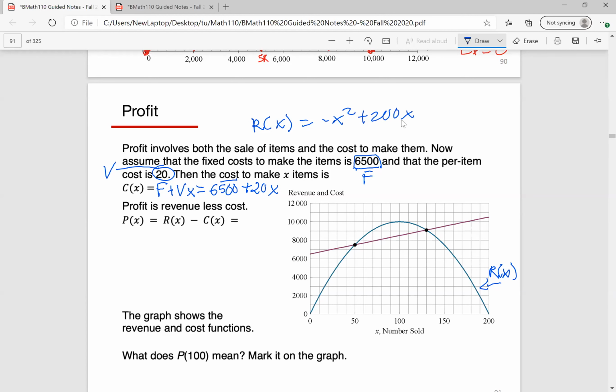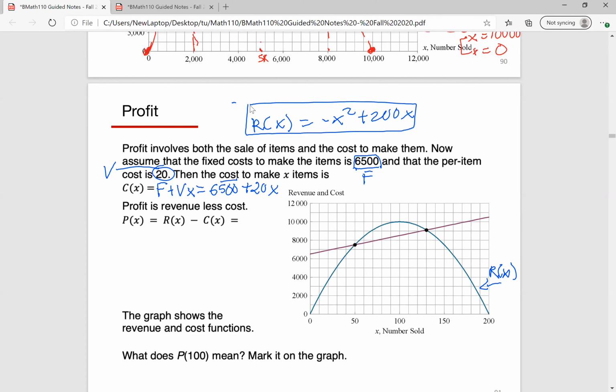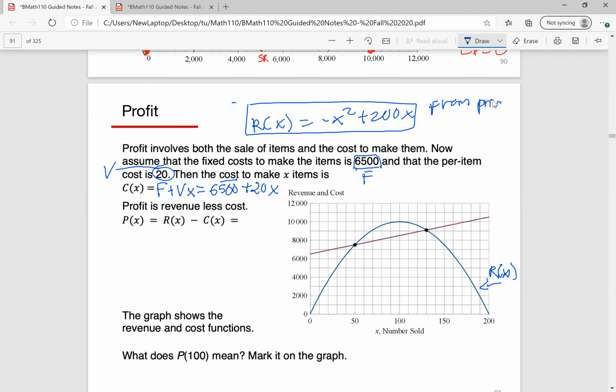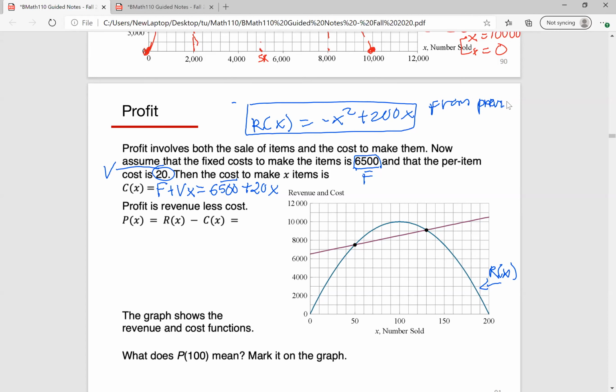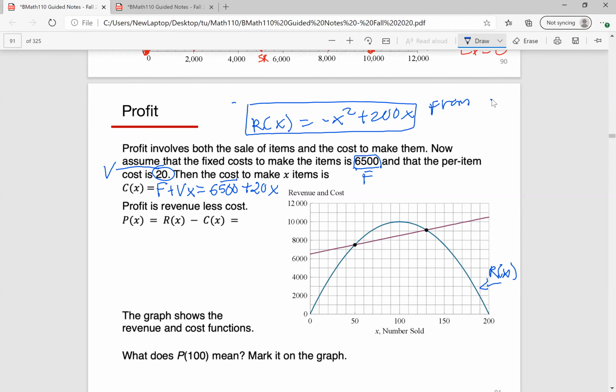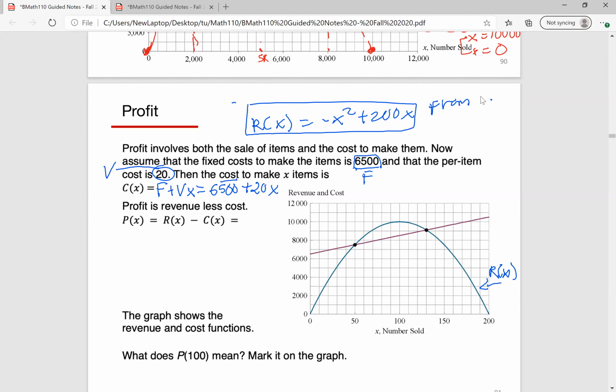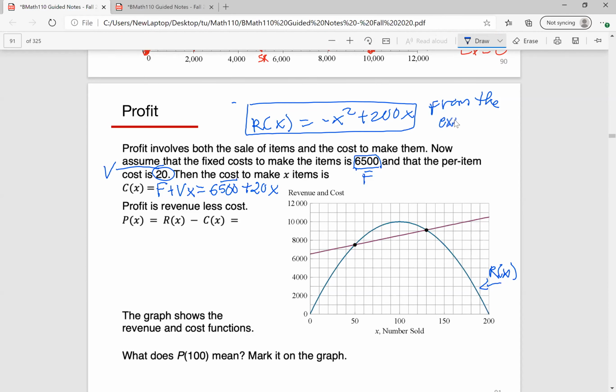That's going to be the function of the revenues from the example above.